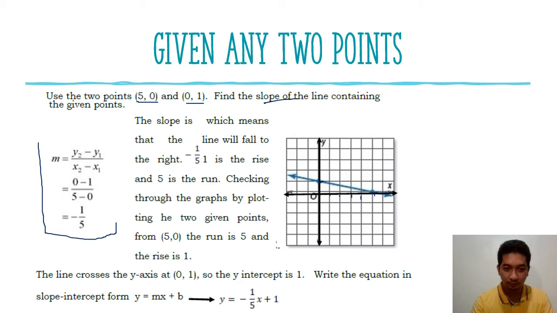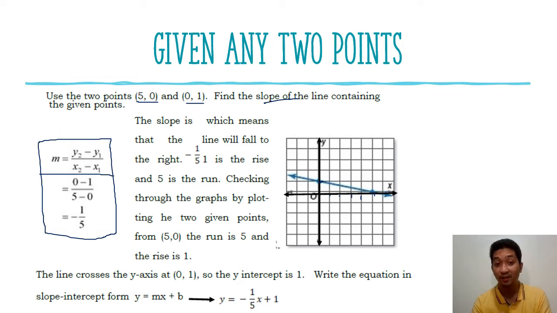Okay. So, to find the slope of a line using any 2 points, you just have to use the formula. The slope is equal to y sub 2 minus y sub 1 over x sub 2 minus x sub 1. Ulitin lang natin yung pinag-aralan natin before. Alin ba dito?